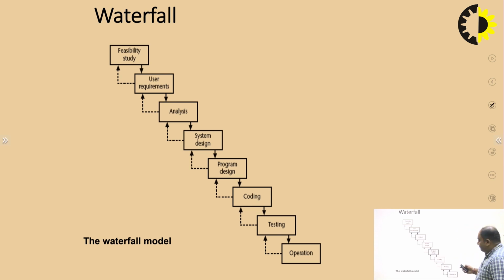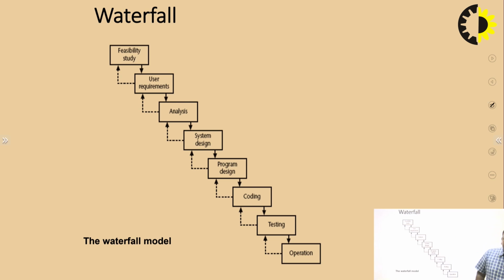After this, the next phase is coding. After coding, we do testing, and after testing we do operation or implementation. This is the waterfall model. First we do a feasibility study, then we take the requirements from the user, then we do analysis on the basis of those requirements, whether they can be fulfilled or not.